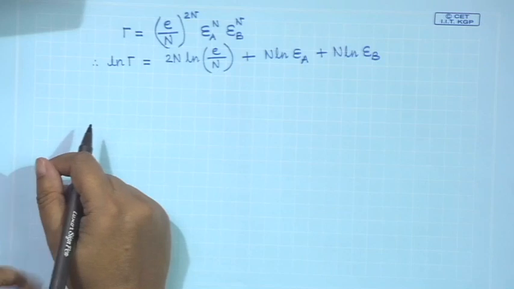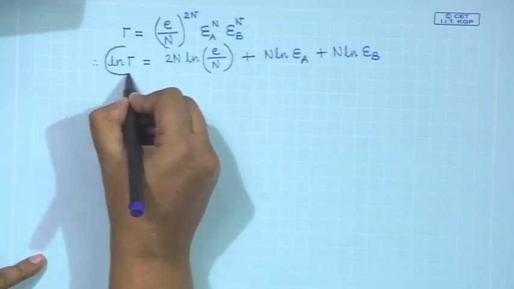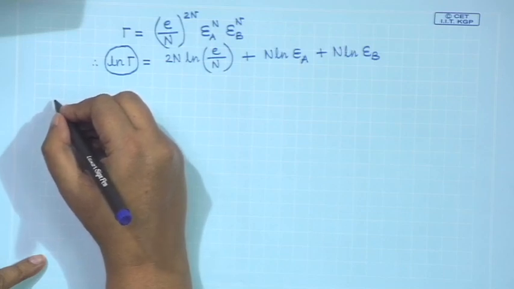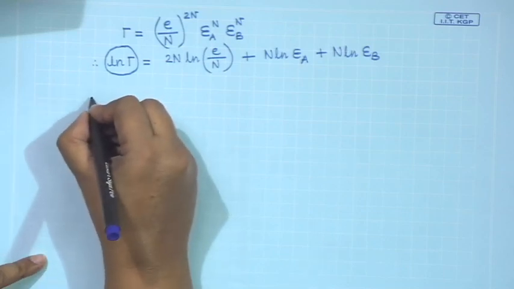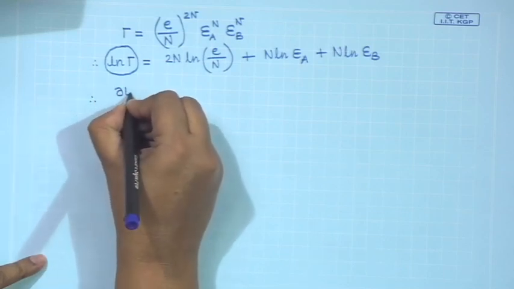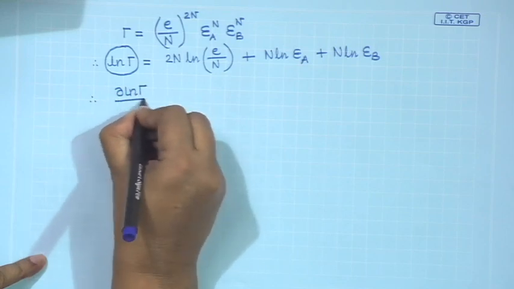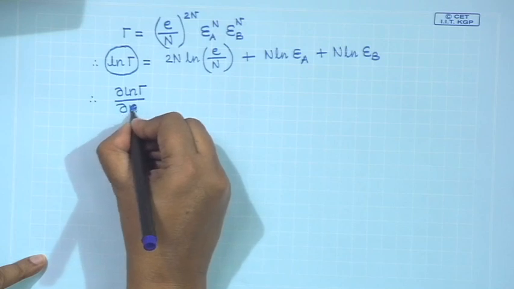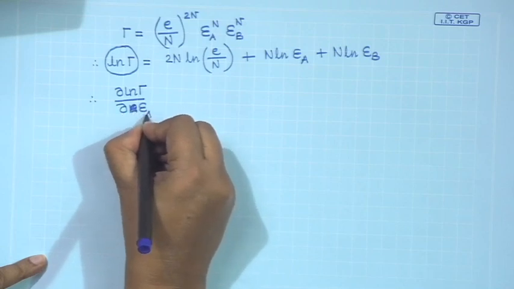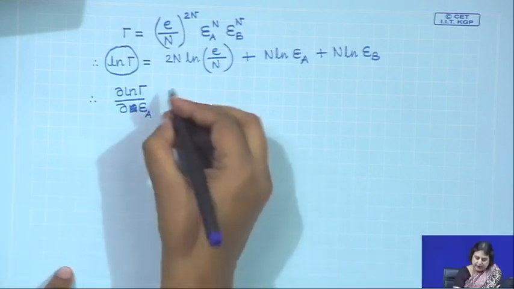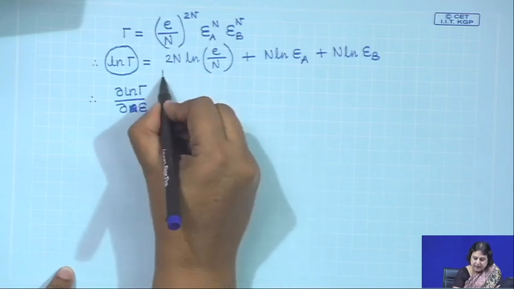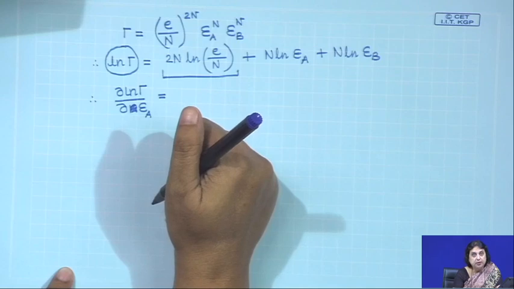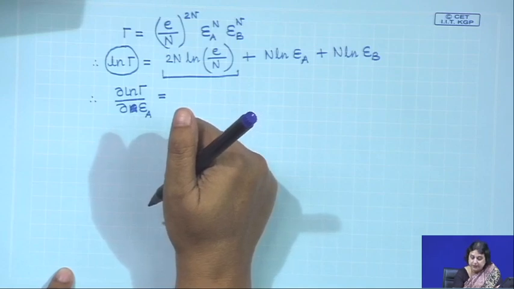Now, I am expecting a maximum in this function with respect to epsilon a. In order to locate that maximum, the first thing that I do is take a derivative of ln gamma with respect to epsilon a. If I do that, obviously this particular term does not have any dependence on epsilon a, so there will not be any contribution from this term.